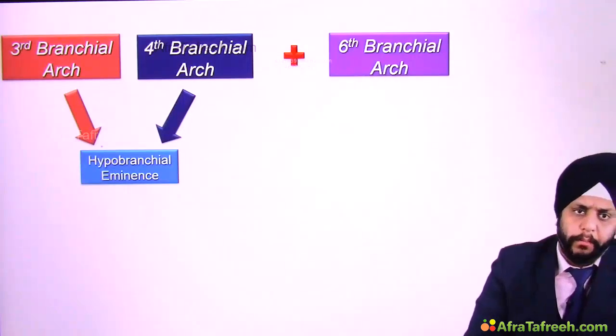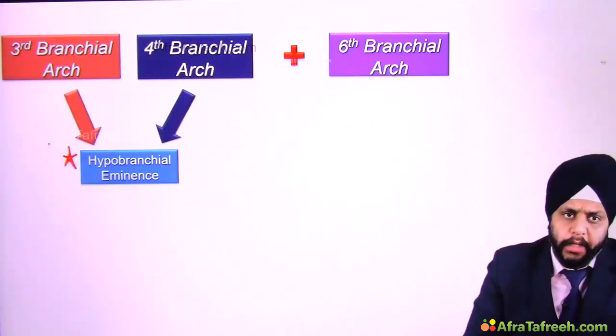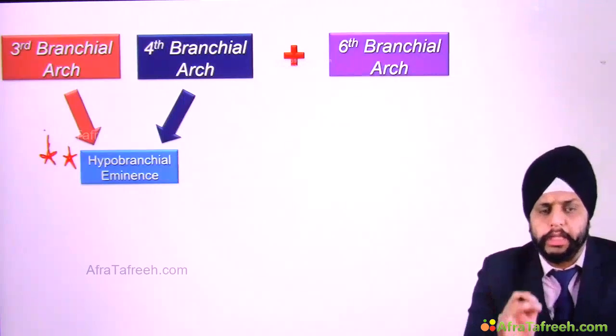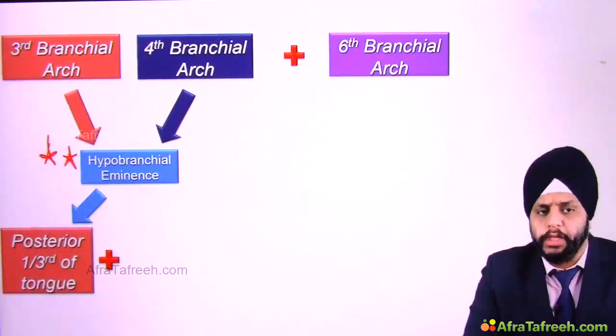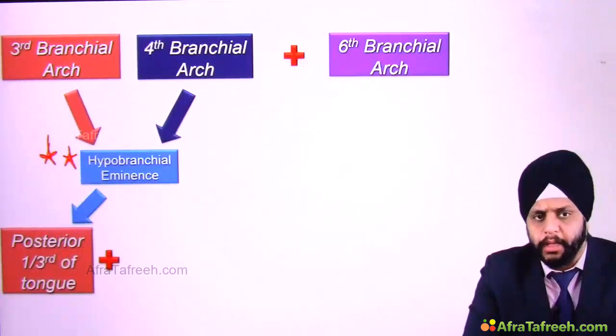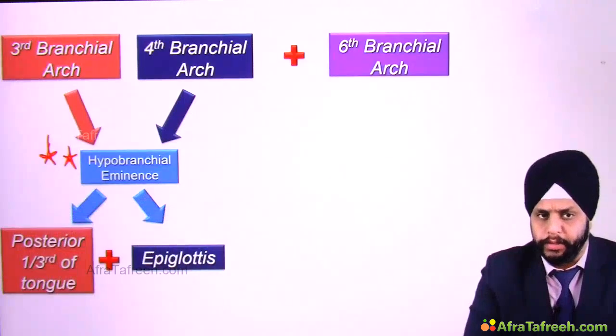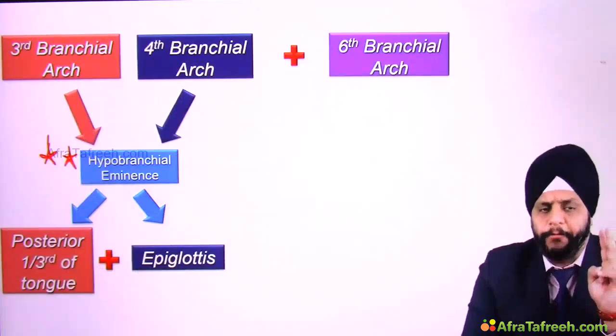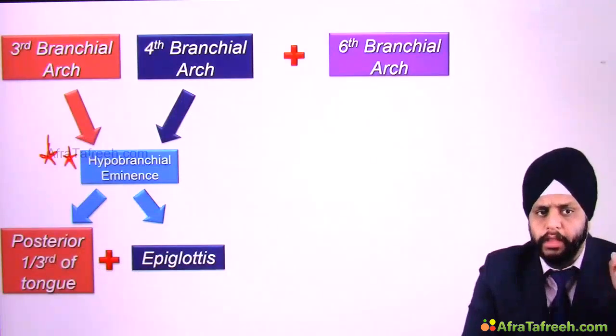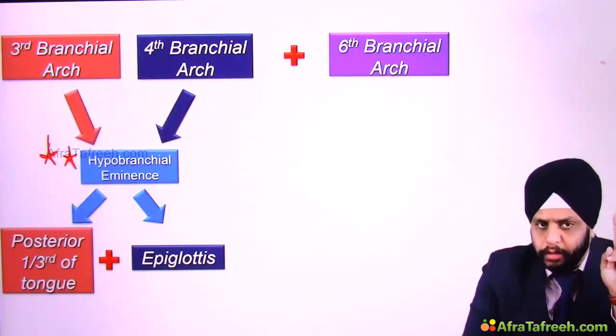So that is important, hypobranchial eminence. Now, this hypobranchial eminence forms the posterior 1/3 of tongue and it forms epiglottis. So, two things are derived from here, posterior 1/3 of tongue and epiglottis.